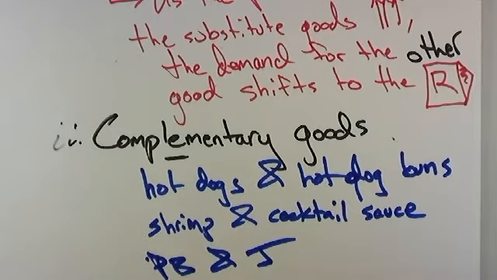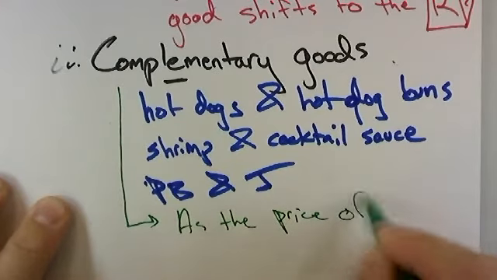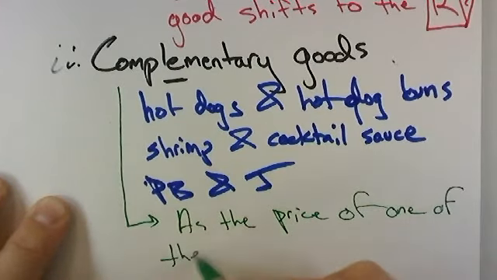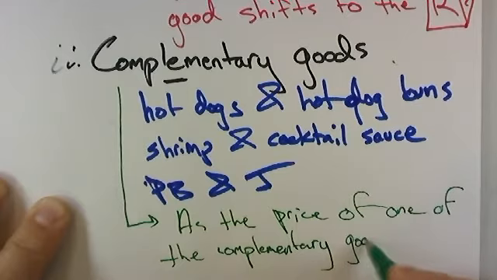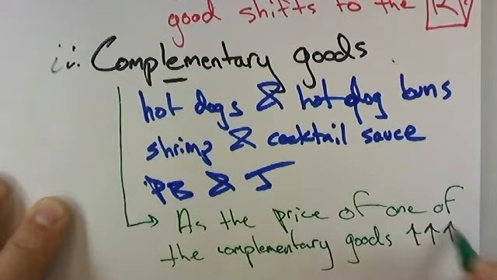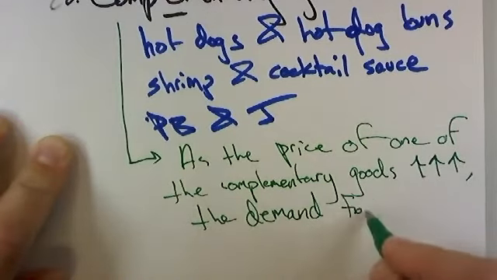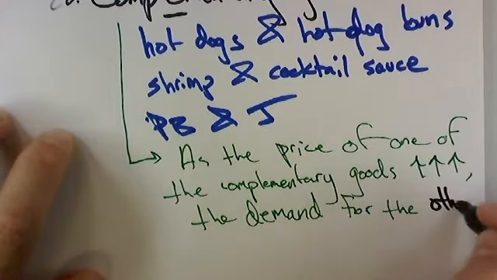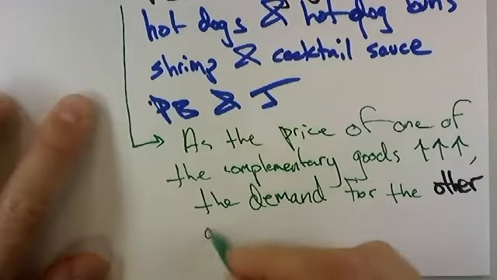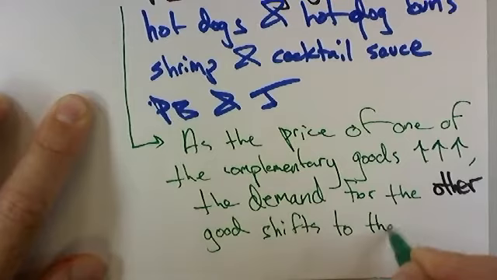And again, the important thing to note here is that as the price of one of the complementary goods increases, the demand for the other good shifts to the left.